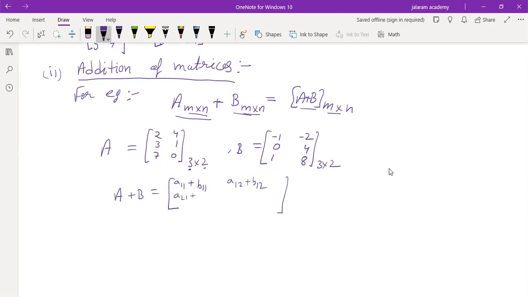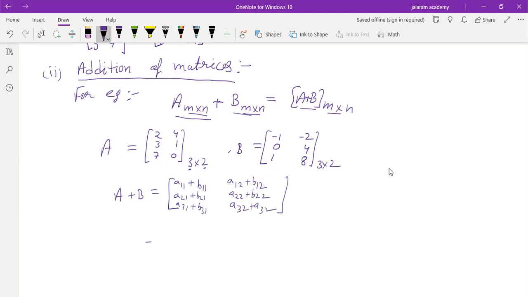Second row, first column with second row, first column again. Second row, second column with second row, second column, third row, first column with third row, first column, third row, second column with third row, second column.